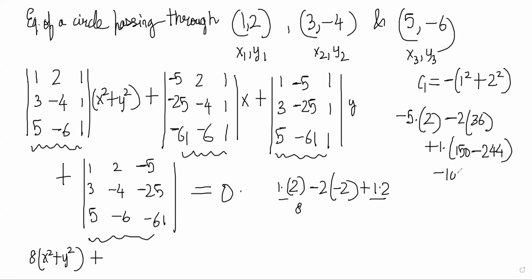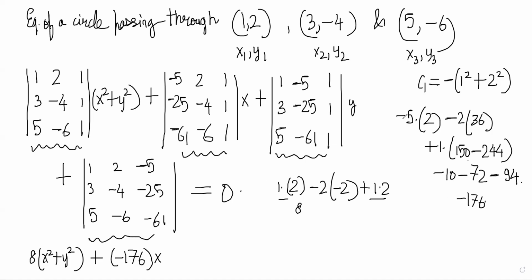So this is minus 10 minus 72 and minus 50 and 44 minus 94, right? So this is becoming minus 94 minus 104 minus 176. So you have minus 176x, okay?